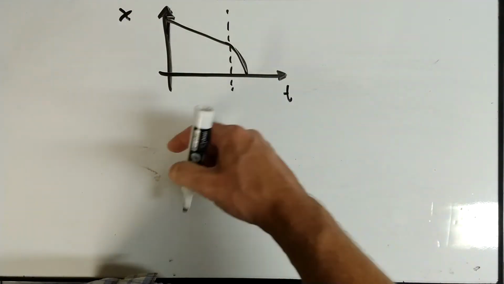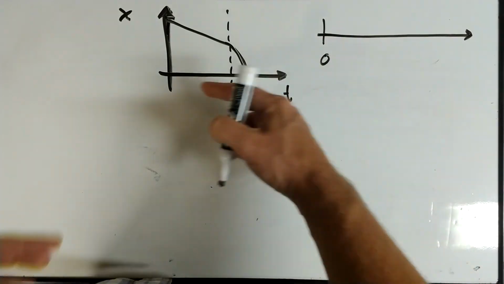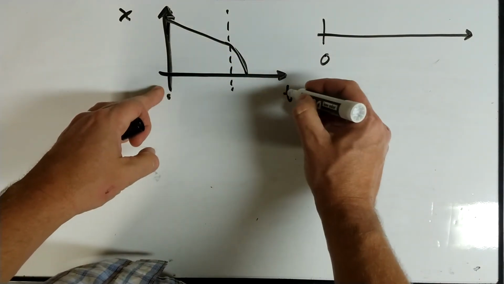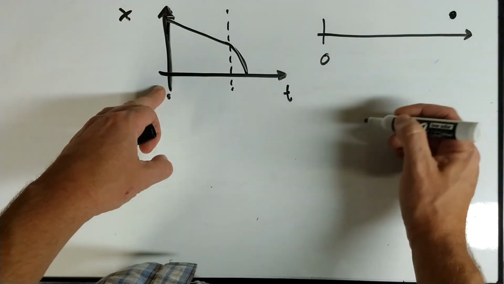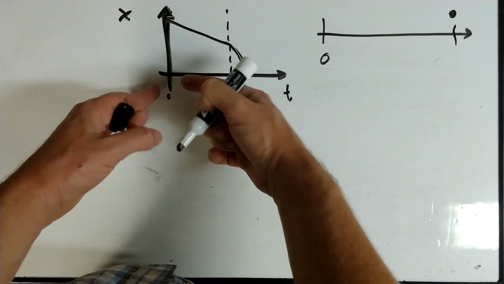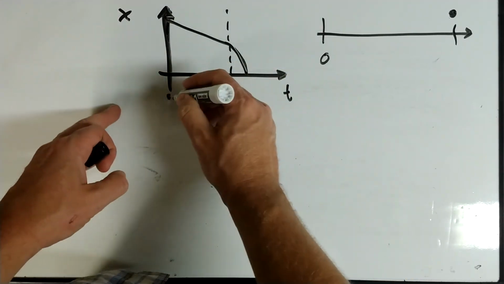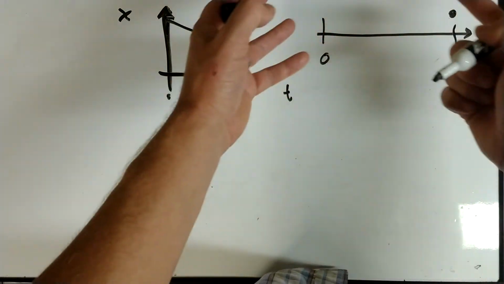So if we try to make a motion diagram for this, this is something that at time 0 starts with a positive position. So it starts somewhere over here, all right? And it moves towards the origin. Now when I'm saying origin, I don't mean the origin of this position versus time graph. It's the origin of physical reality.